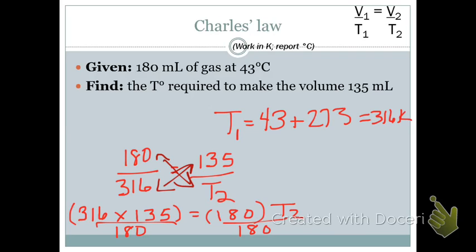Okay. Clear your calculator. Open parentheses, 316 times 135, close parentheses, divided by 180, which is going to be equal to 237. And since I'm working in K, it's going to be 237 K.